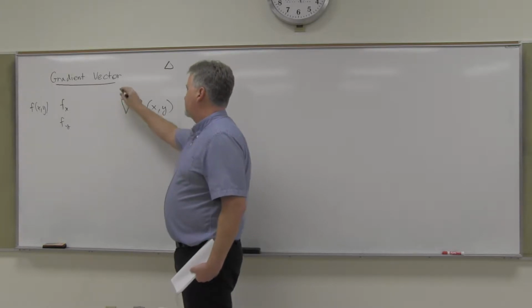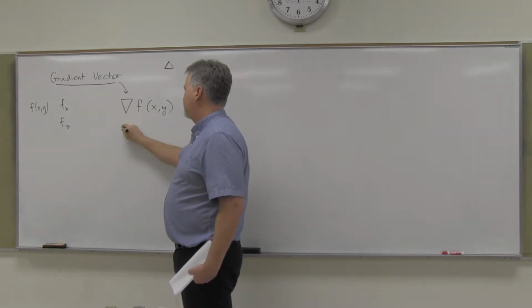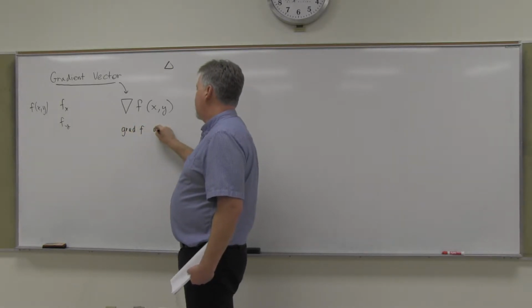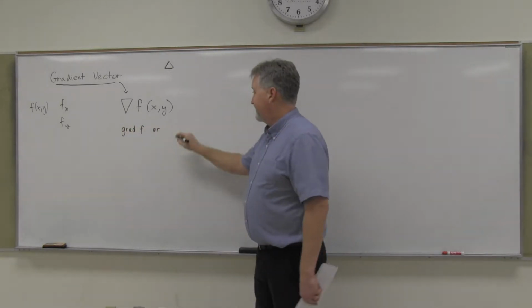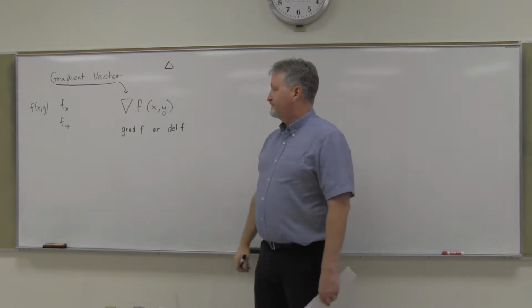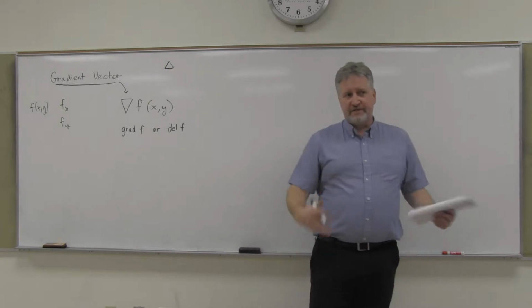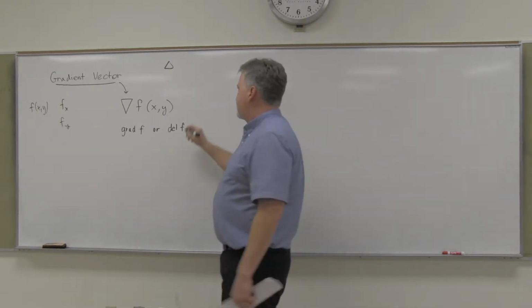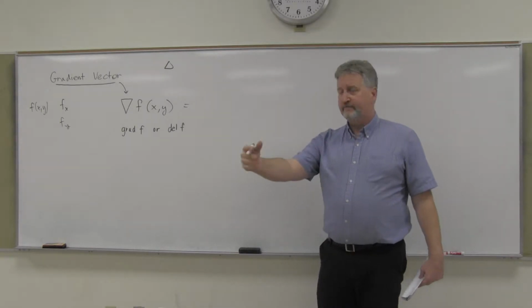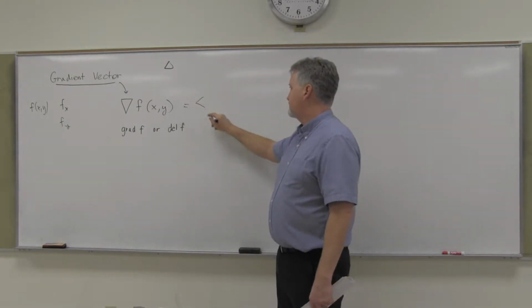This is the gradient vector, but sometimes you'll see it just as grad f, or sometimes it's also called del f. Just some notation to be aware of there. But like I said, it is a vector, so we're back to vectors a little bit here.